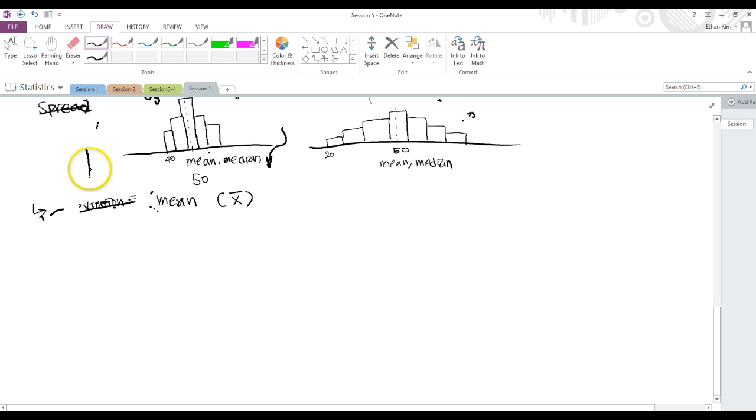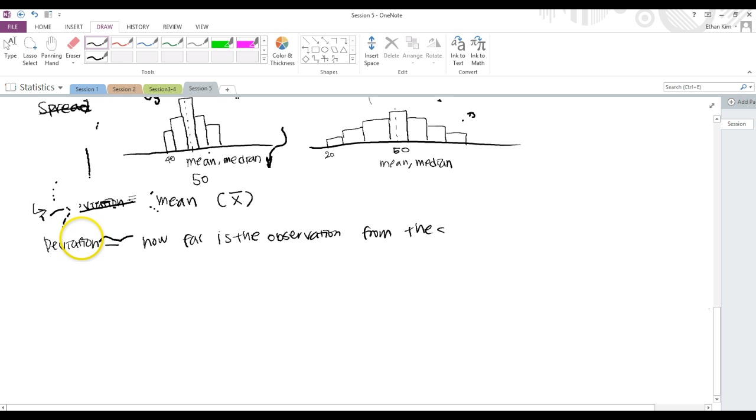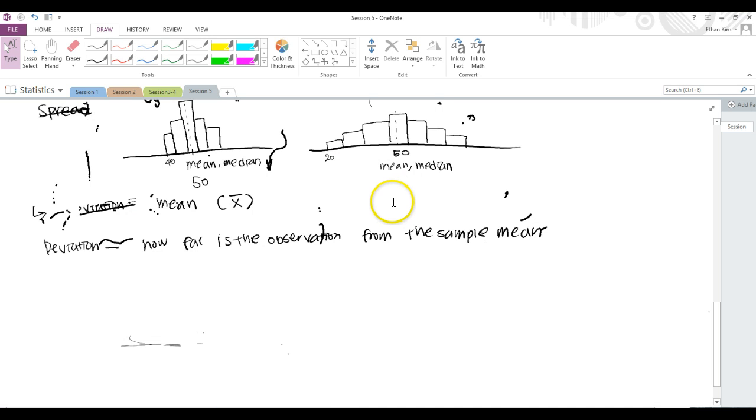Here, deviation means how far the observation is from the sample mean. So how far the observation is from the sample mean, right? And we notate it as follows.